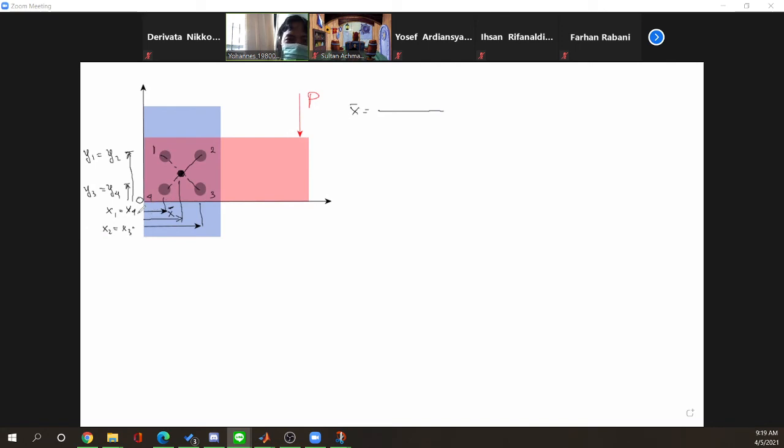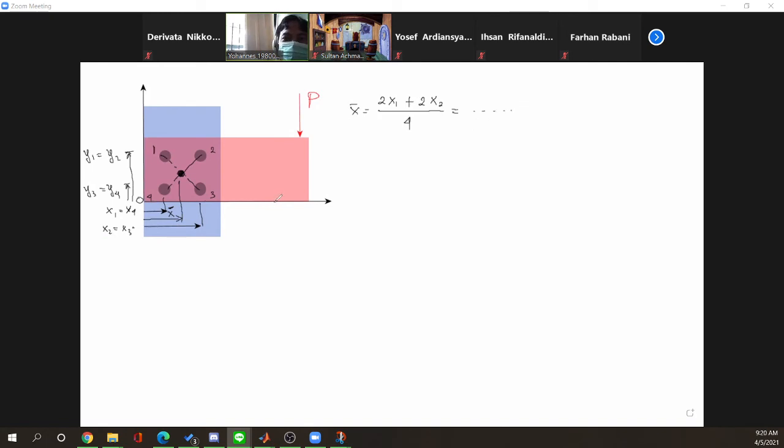rivet in this x1. So we have 2 rivets in x1, that is rivet number 1 and rivet number 2, plus 2 rivets also in the second line, divided by the total number of the rivet.